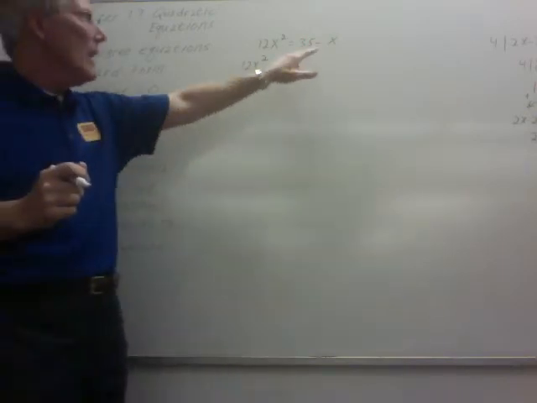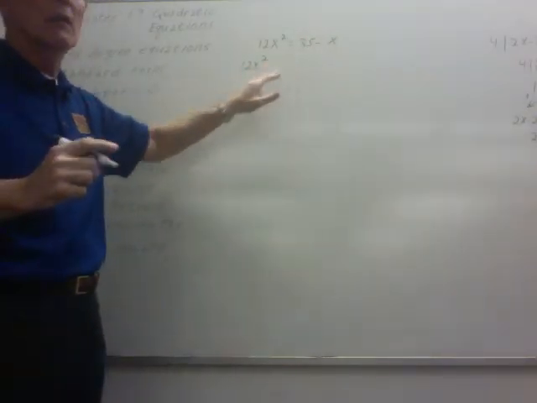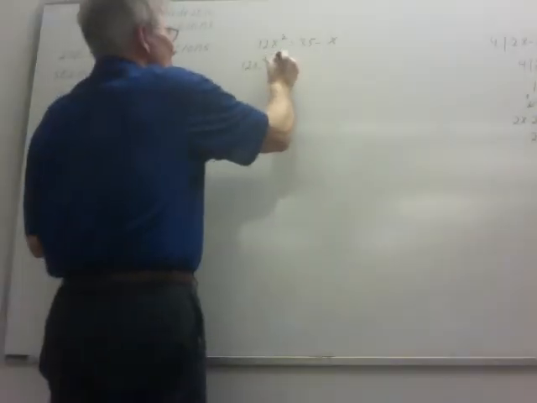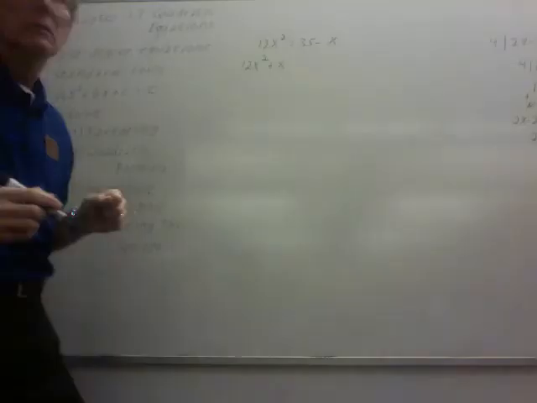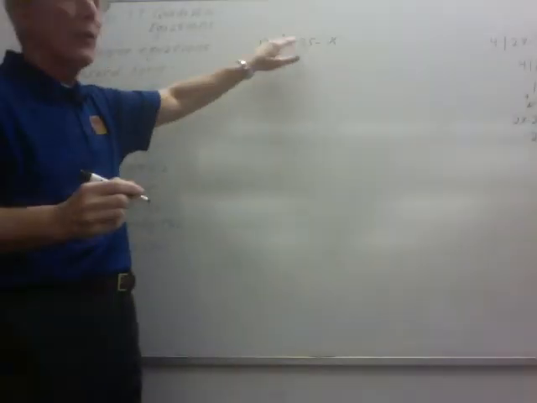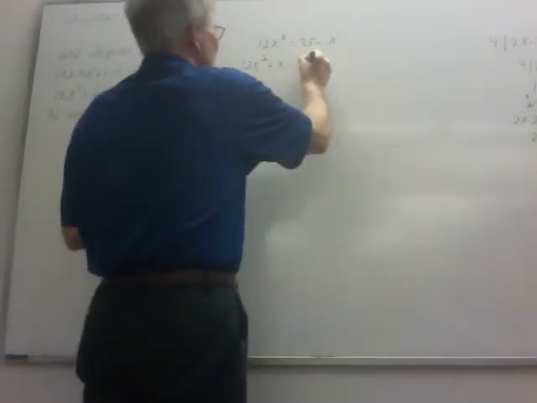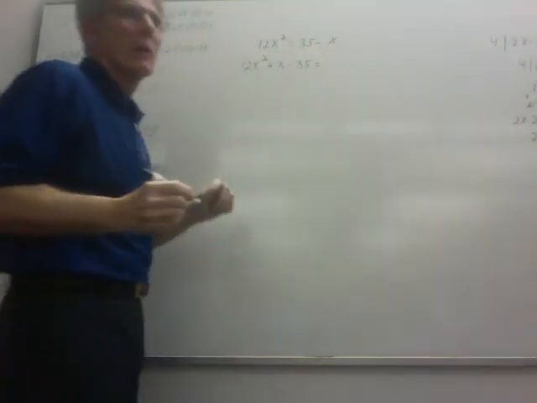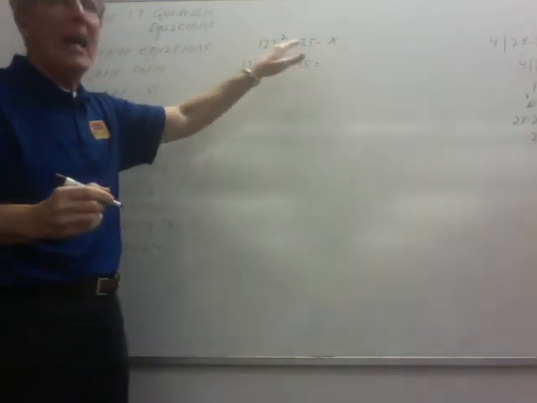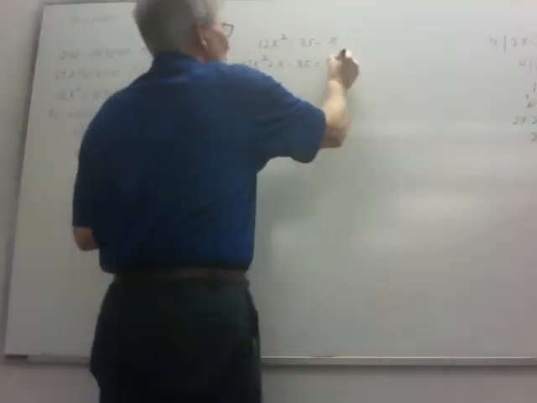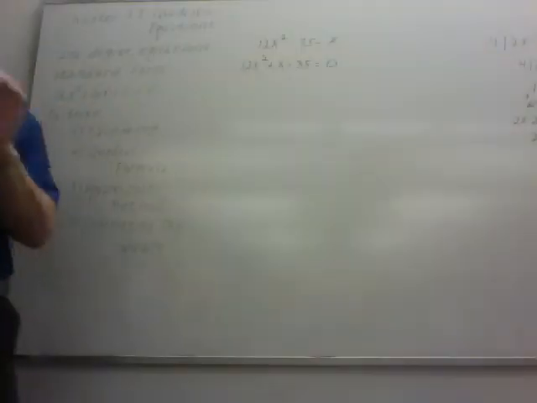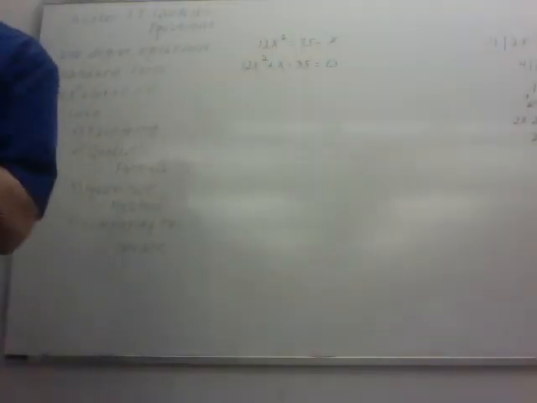I'm going to bring my negative x across the equality, so I'm going to add x to both sides. I'm going to bring the 35 over, so I have to subtract 35. When I subtract 35 and I add x, I'm left with 0 over here. That's what you want to do. You want to get it set equal to 0. You want to make sure it's in standard form.